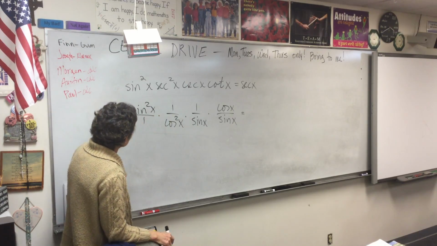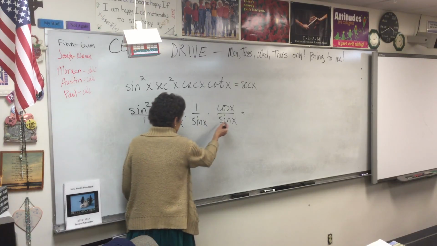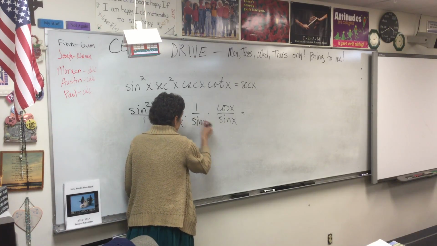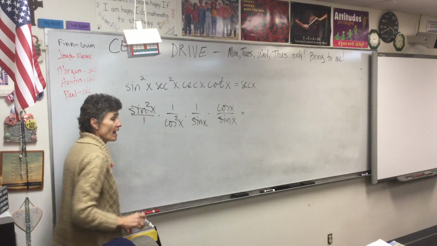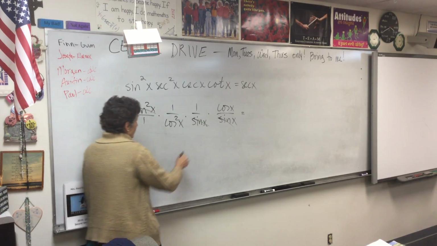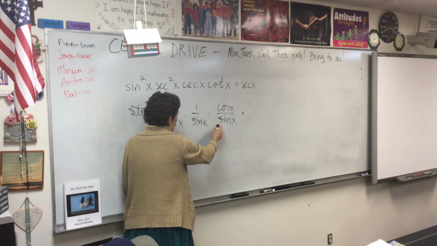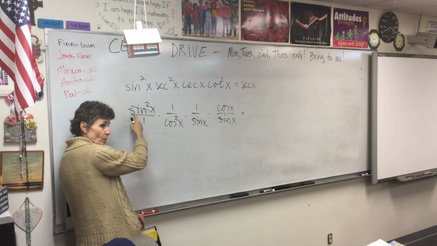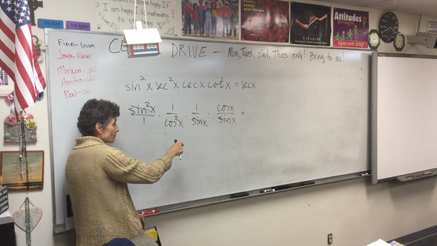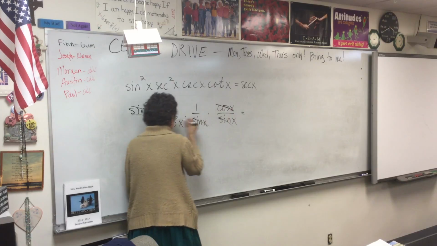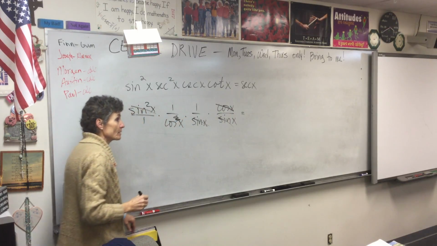Now what happens? Well, what do these two make? Sine squared, but I'll cancel with that. This is sine squared, that's sine squared, they cancel. That will cancel with this.